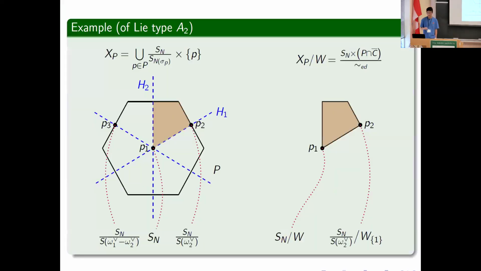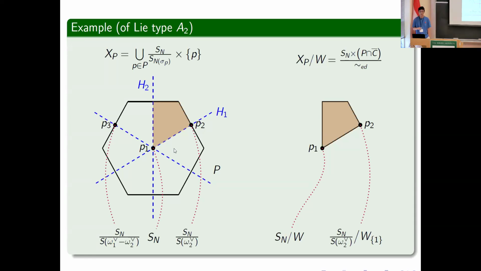But let's see an example again. We consider the example of Lie type A2. We have already seen the picture of this Weyl polytope of Lie type A2. For the toric variety, we observe this variety via its projection onto the polytope. At the point p1, there is no normal vector, so the torus at this point is S_N mod 0, just S_N.